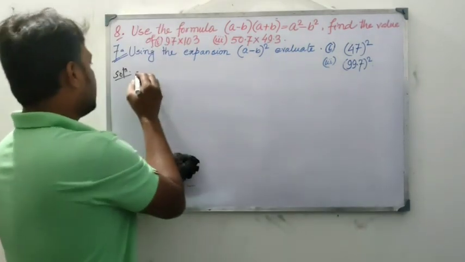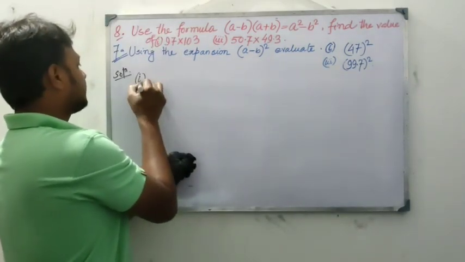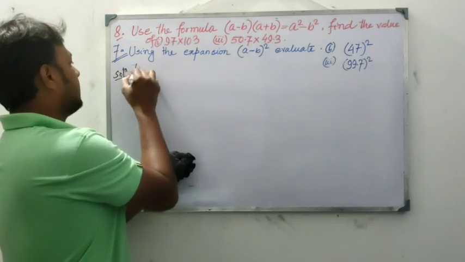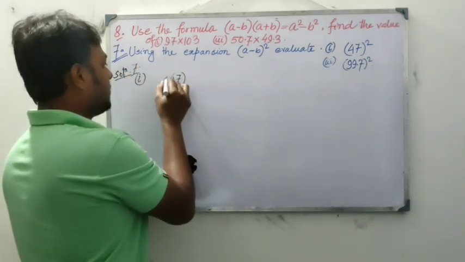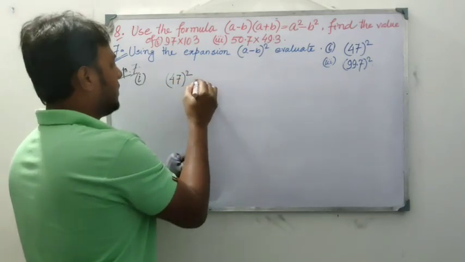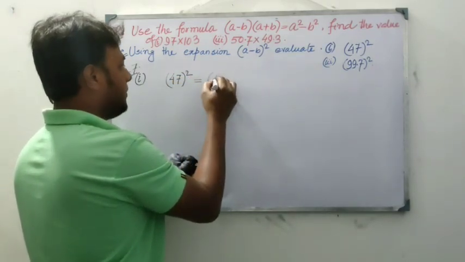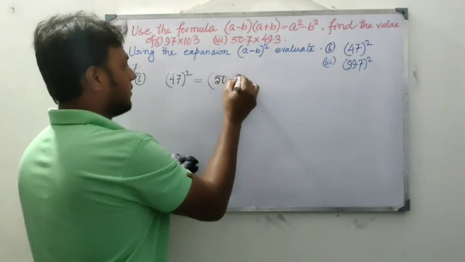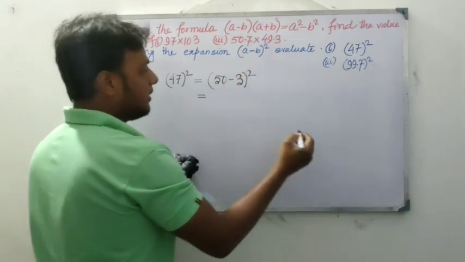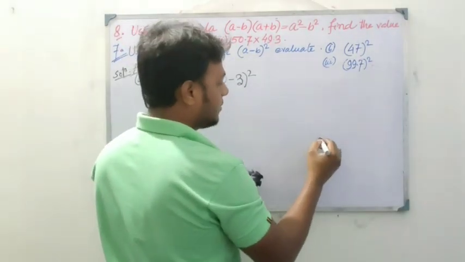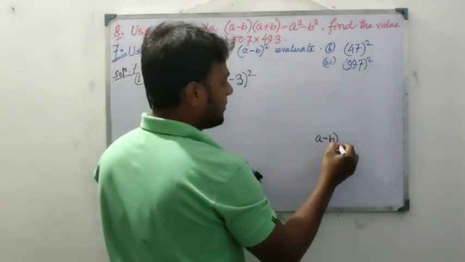I am solving the first one. See, this is 7.1. Here 47 square. So we can write 47 as 50 minus 3. Understood? So this is our a minus b. Now apply the identity for (a minus b) whole square.